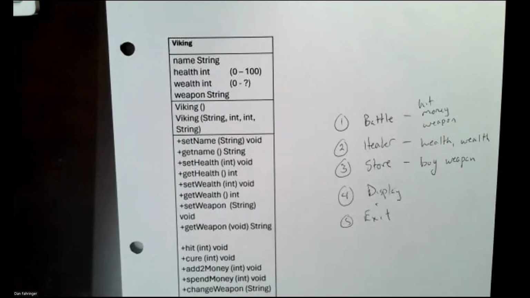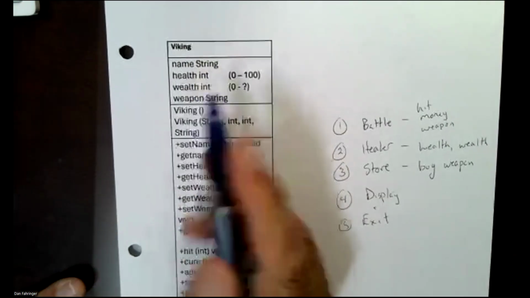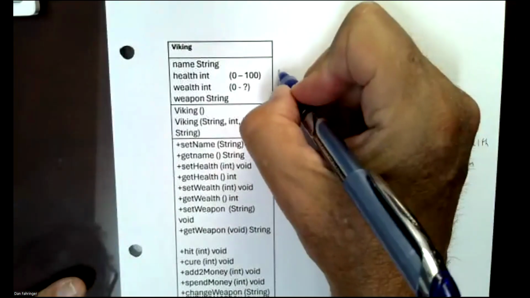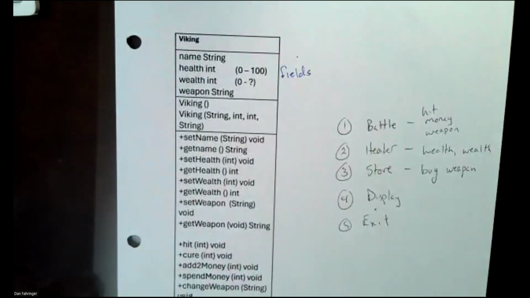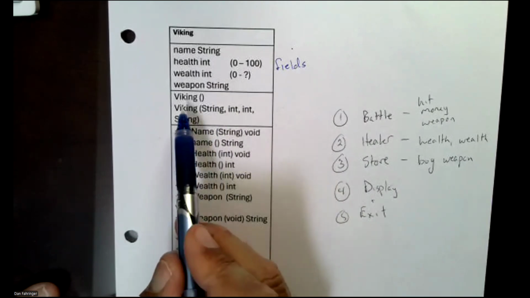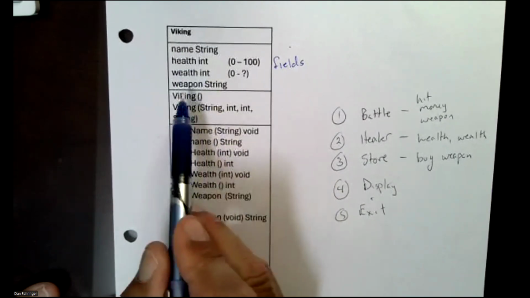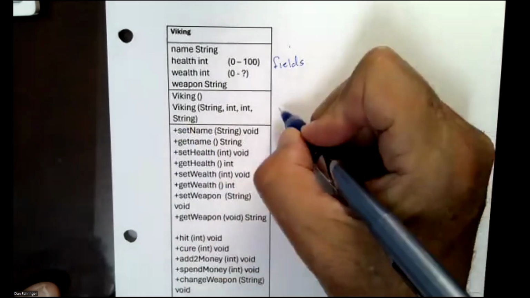If I gave you this, could you create this class? The answer is yes. I have fields. All good. I have not one, same name, but two constructors.